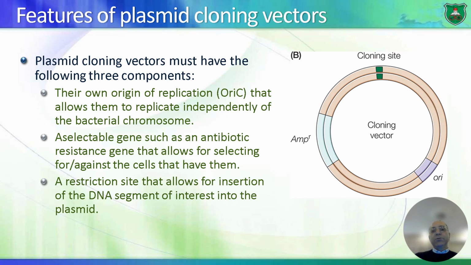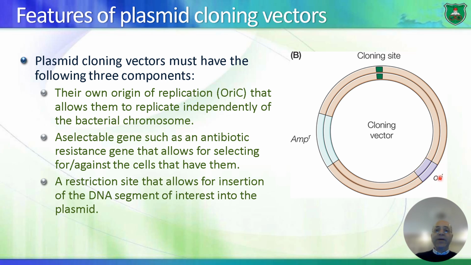So, in order to utilize plasmids as vectors, they have to have at least three features. One, they should have their own origin of replication. Remember that origin of replication is the starting point of DNA replication.